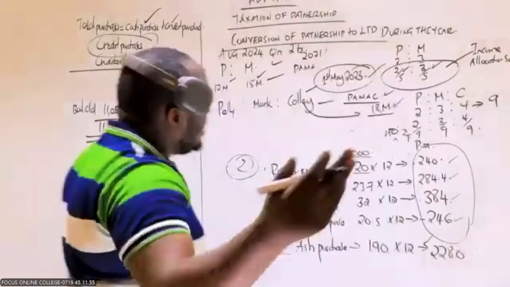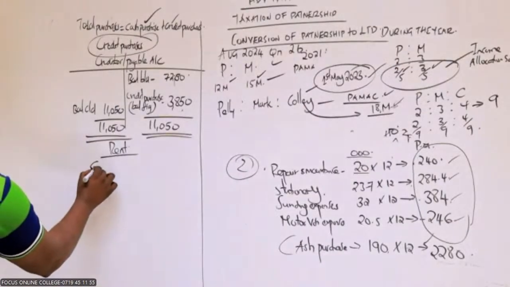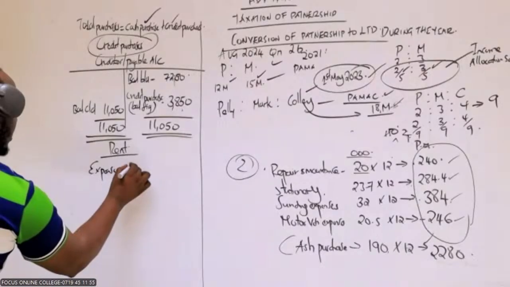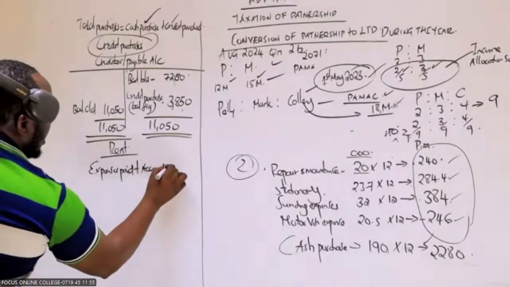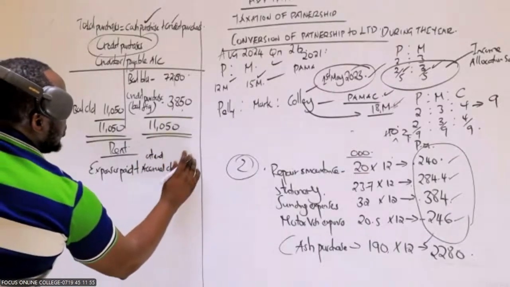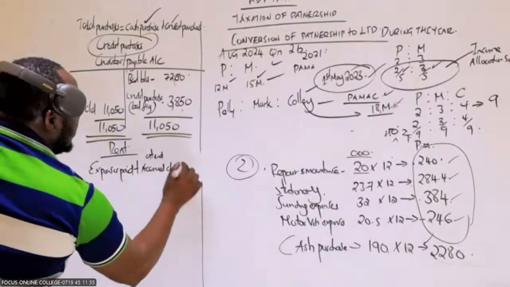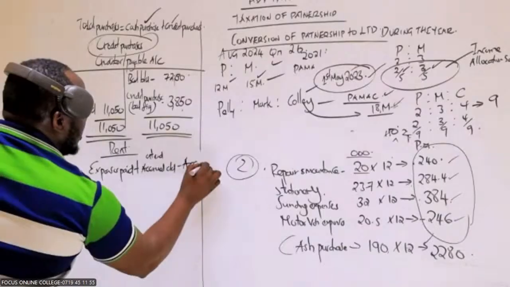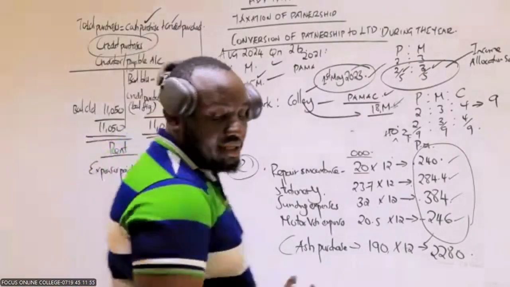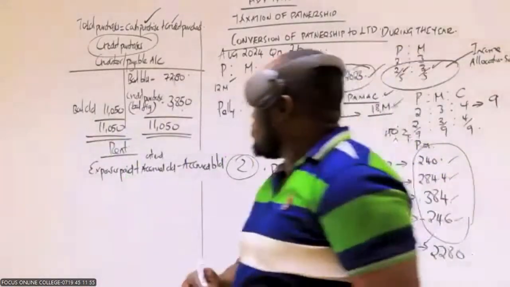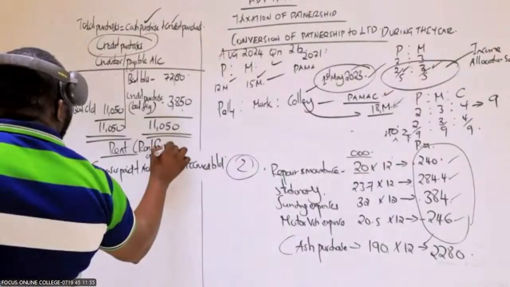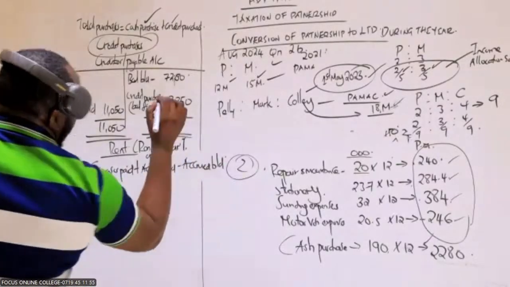The shortcut that I gave those who were in class: expenses paid, plus accrued carried down, that is at the end, minus accrued brought down. Did I give the logic on this? This is to get rent for the year.